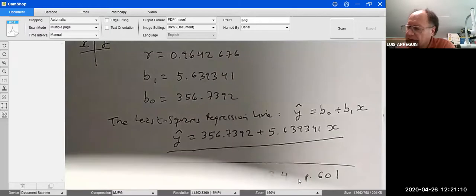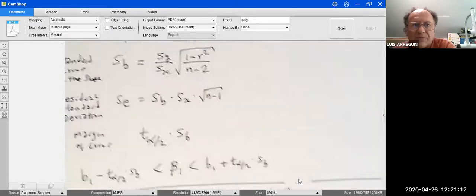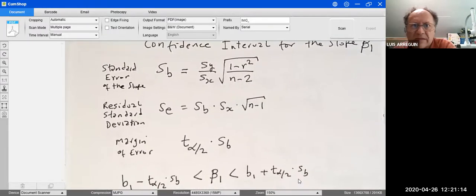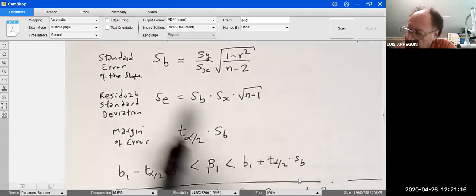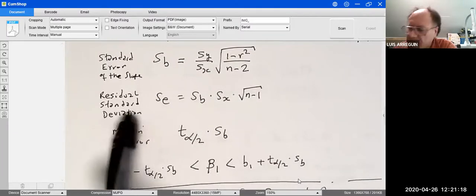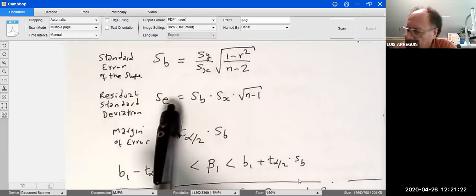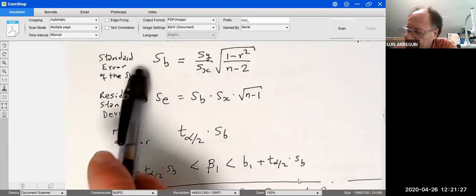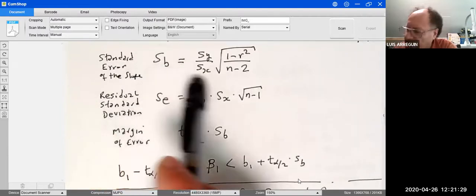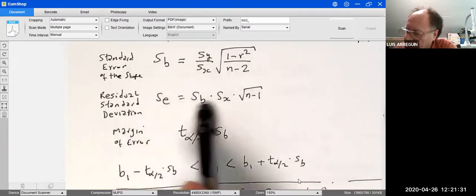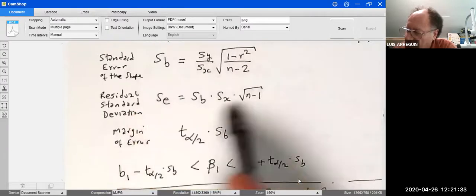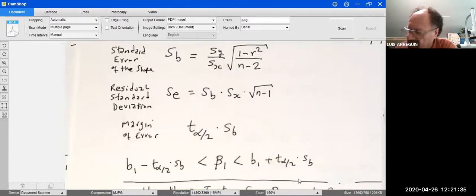So now this problem is asking us to find the residual standard deviation, SE. We're going to use this formula, but to find this residual standard deviation, we need to find first the standard error of the slope, which is this other formula. So we're going to essentially apply these two formulas. I'm going to write them down now for you to see.